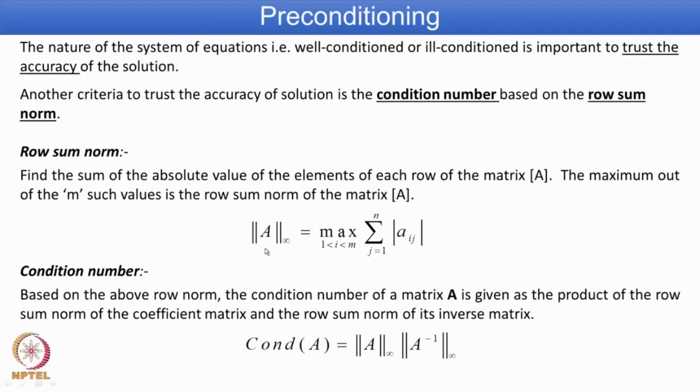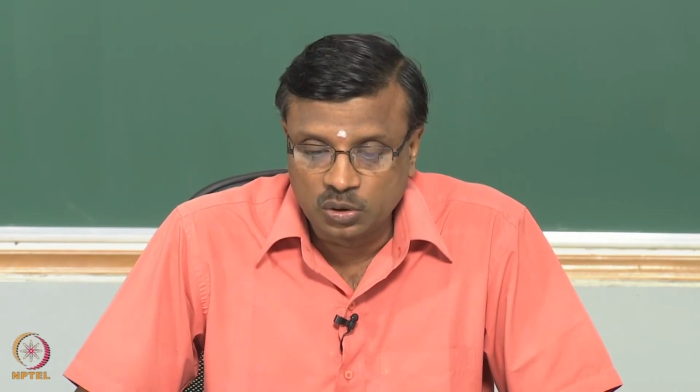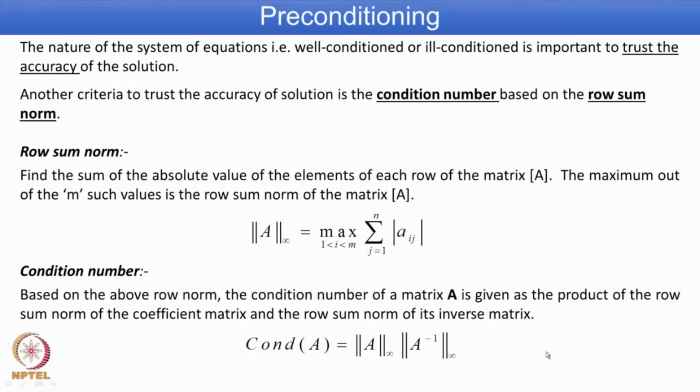So, for the given matrix A, you have one row sum norm. If you find its inverse, that is A inverse, you have another row sum norm for that inverse matrix, and you take the product of it, which results in what is known as the condition number.